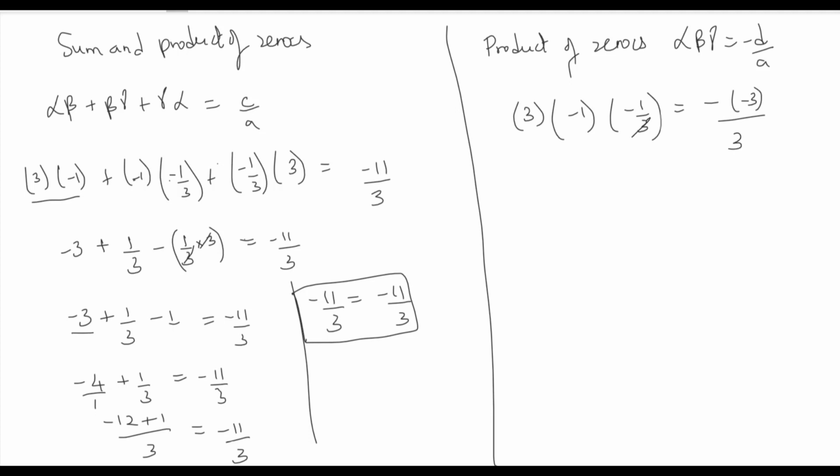So on further solving, 3 and 3 get cancelled, minus 1 into minus 1 will be plus 1. This is equal to 3 by 3. That is 1 is equal to 1. Hence sum and product, all these relationships are verified. This is how we have to verify for a cubic polynomial.